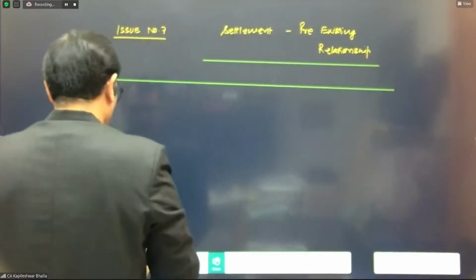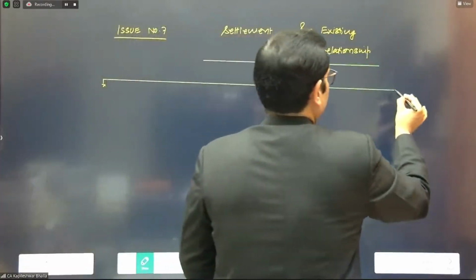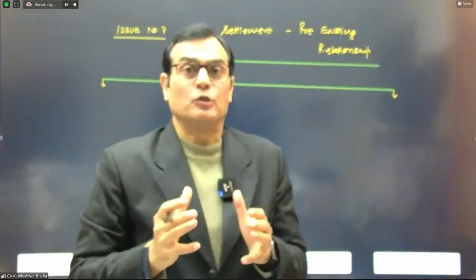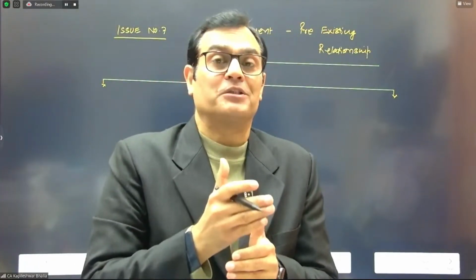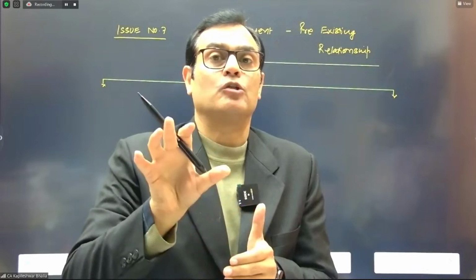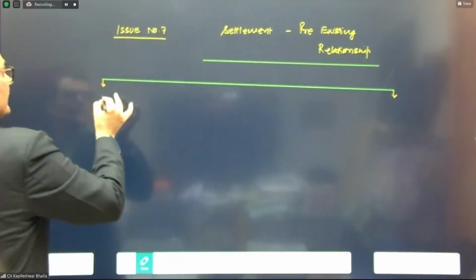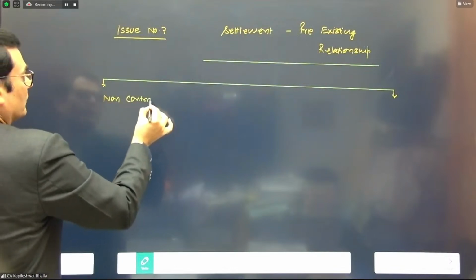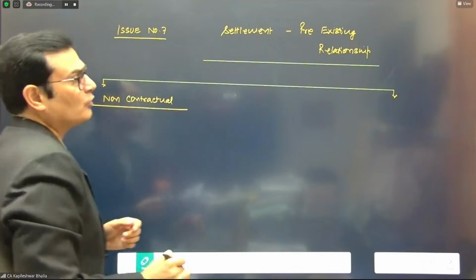I would say when you're looking at a pre-existing relationship settlement, there are going to be two cases. The first thing which you need to watch out in the question is whether the relationship which is existing is contractual or non-contractual in nature. How would I decide that the relationship is non-contractual?